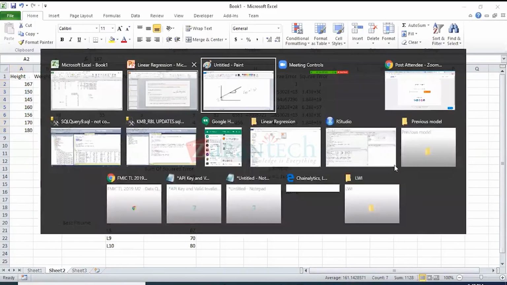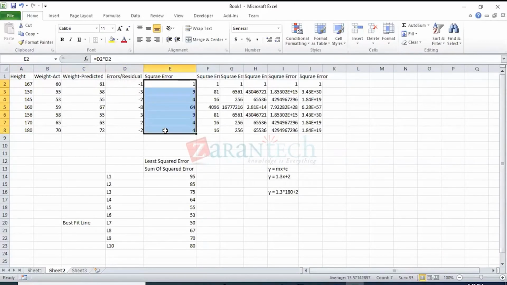So how I can calculate it is, I have the residuals, I have the sum of squared errors, that is 95.